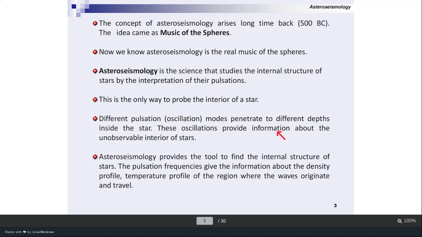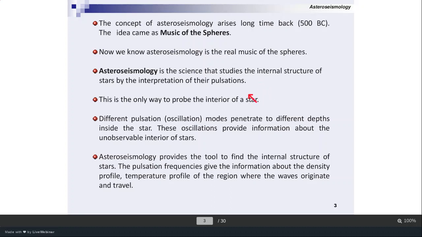So that's why, rather than looking at the stars, we call this listening to the stars. Now we know asteroseismology is a real music of spheres, because the spheres make these oscillations or sound waves inside, and these sound waves create surface changes of the stars. Once you look at these surface changes, we can analyze in detail the internal structure of the star. So that is asteroseismology.